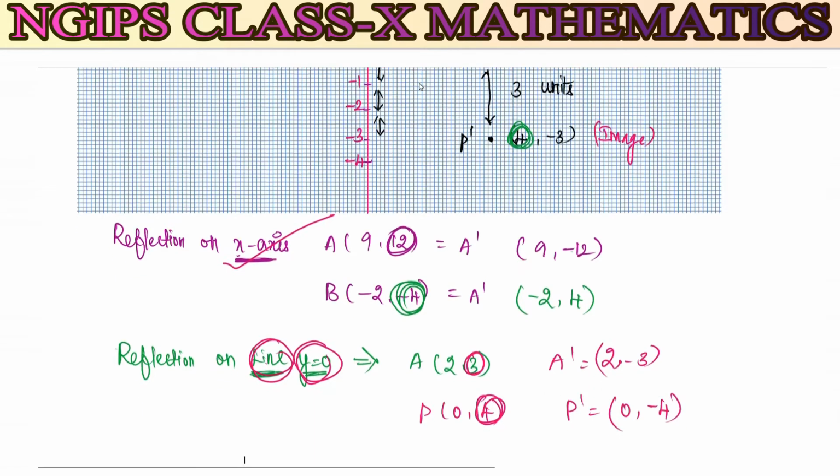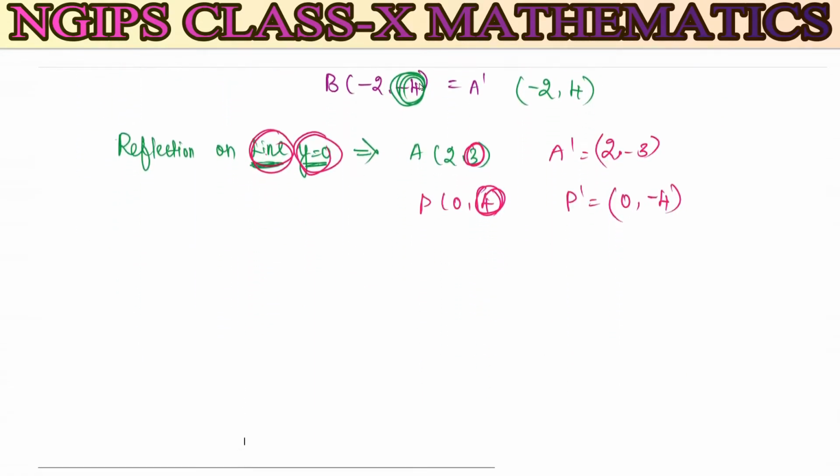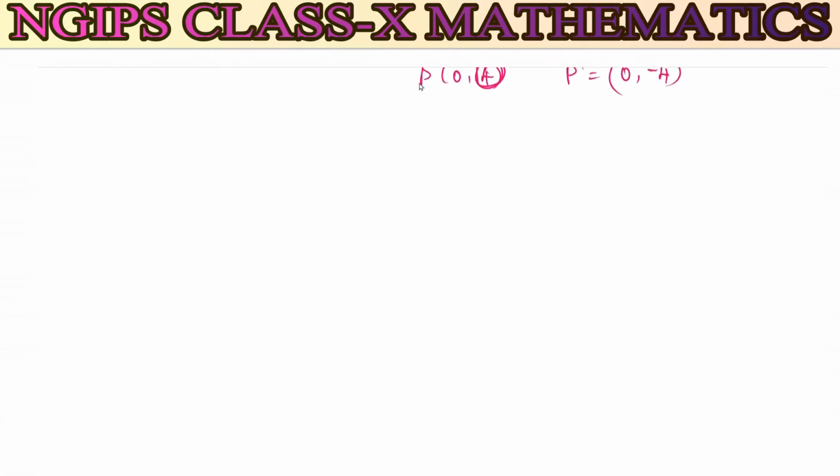Okay, now next we will come to the reflection on y axis. Here I can write the second sub question. A reflection on y axis. So the y axis is the line x is equal to 0. Can you guess what is meant by reflection on y-axis?